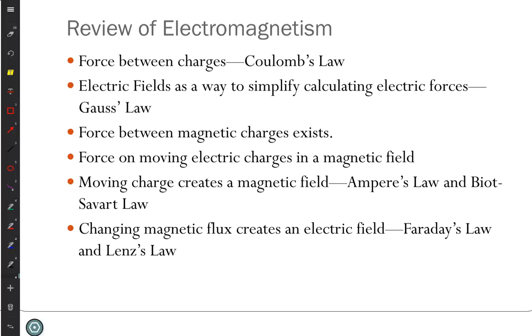With electric charges, you can have just a negative, like an electron, or just a positive, a proton. But with magnetism, you can't have just the north or just the south. It always comes together, so you always have a net magnetic charge of 0, because you have as much north as you have south. That's a fundamental difference between the two.